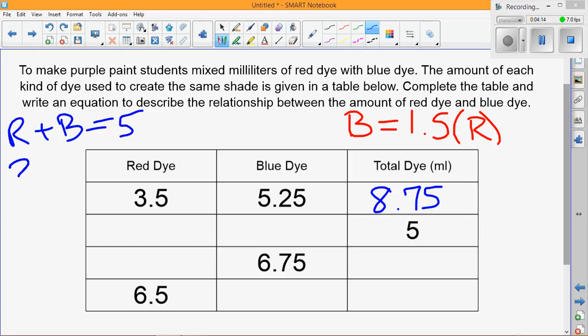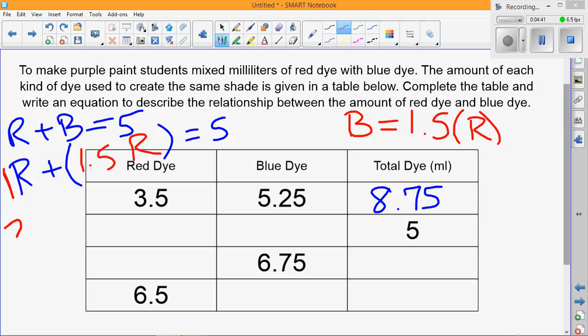So we've got red plus, we'll substitute in our equation 1.5 times the red. And we're just treating it like a variable. So r plus 1.5r, remember this is 1r.